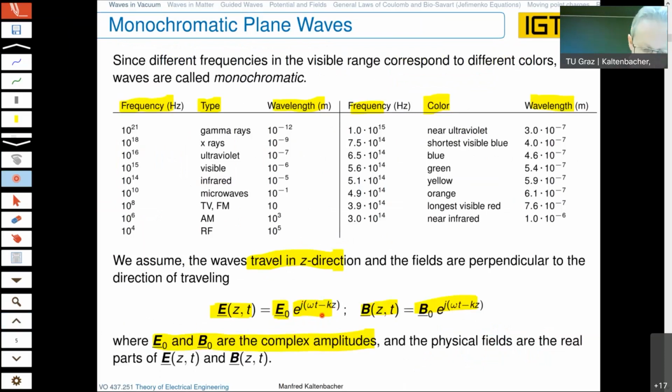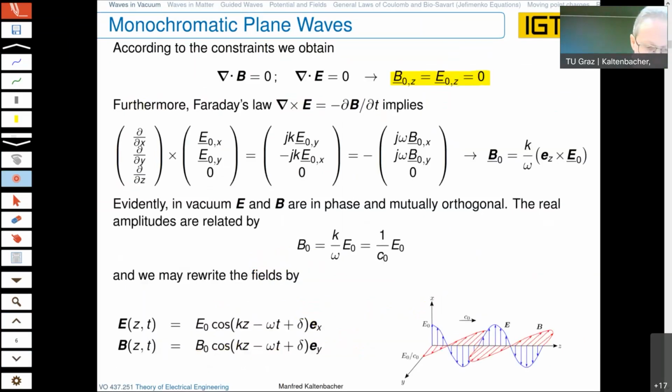But this exponential function is just a function of the z coordinate, and these constants are constants. They can have any amplitude. So if you take the derivative of a constant, perhaps I rewrite it here, as we know, it is dp x dx plus dp y dy plus dp z dz equals 0.